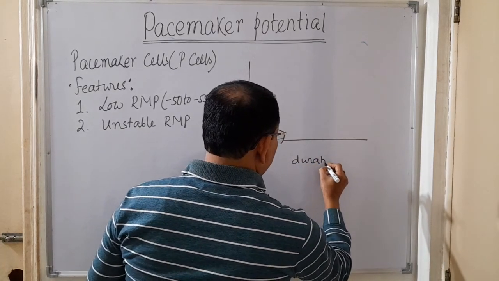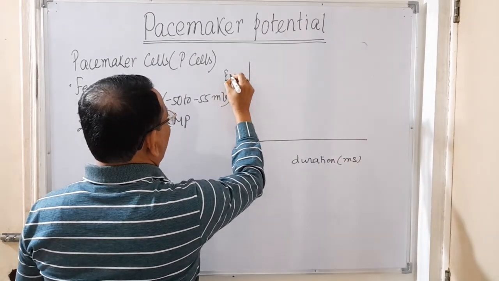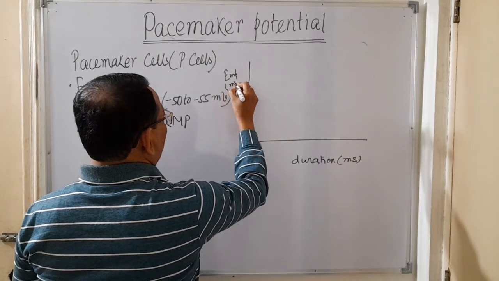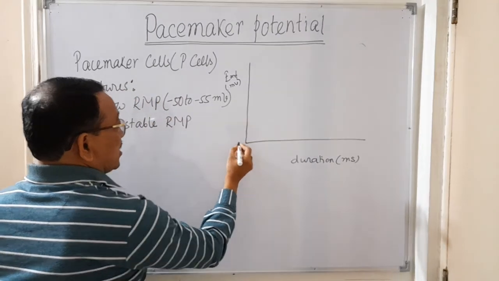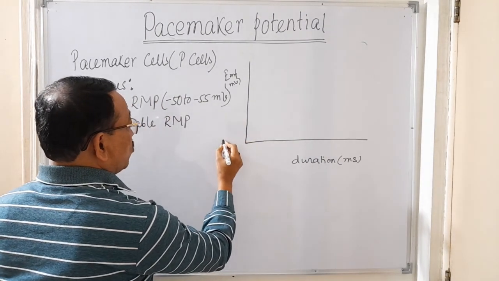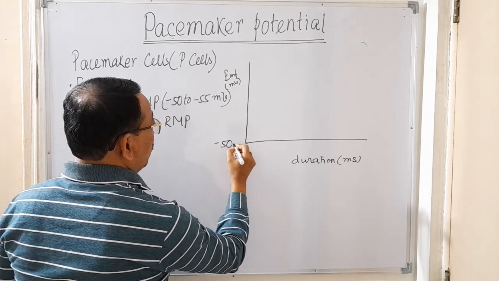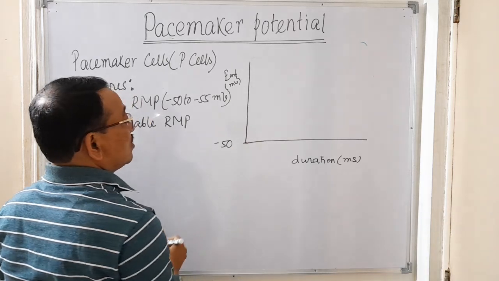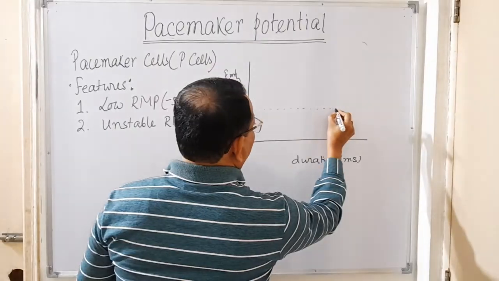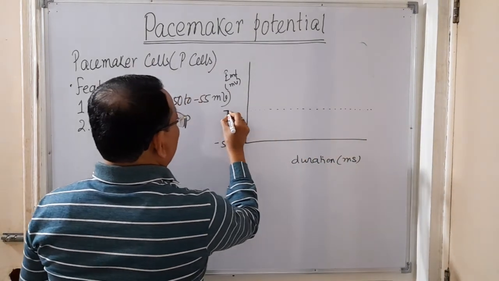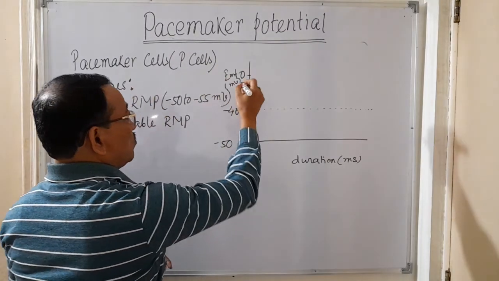This is duration in milliseconds and this is electromotive force in millivolts. As I told you, the resting membrane potential of the SA node or pacemaker cell is minus 50 millivolt. This is minus 40 and this is, suppose, 0.